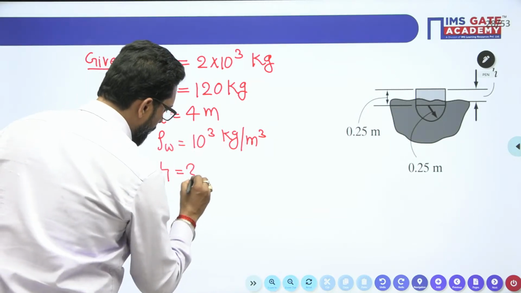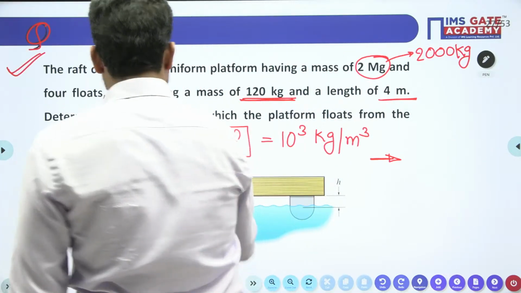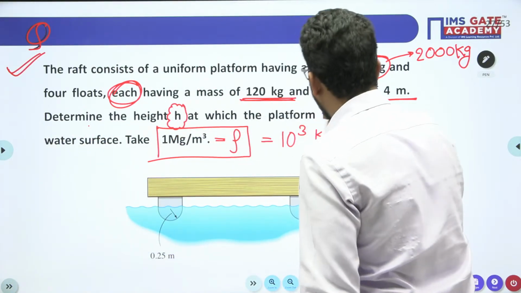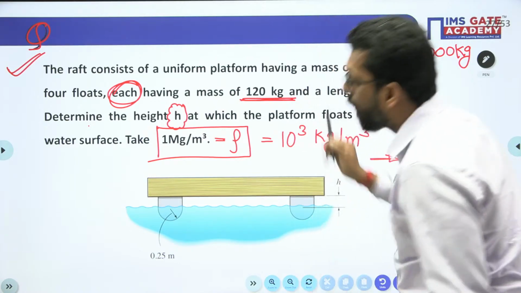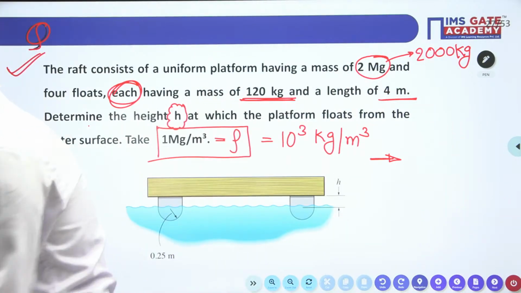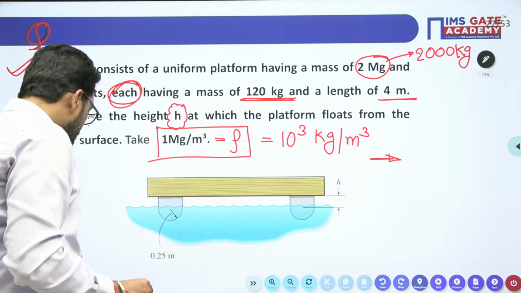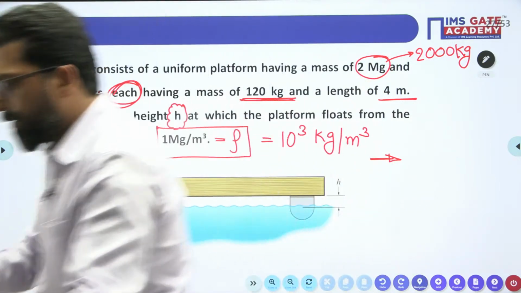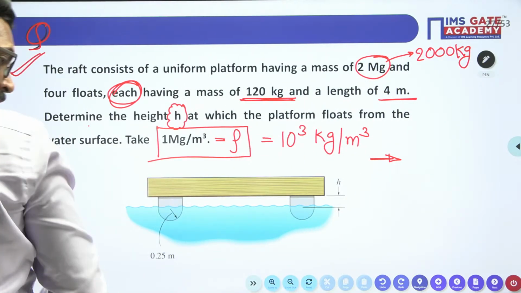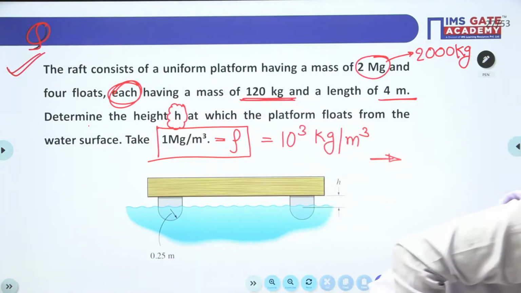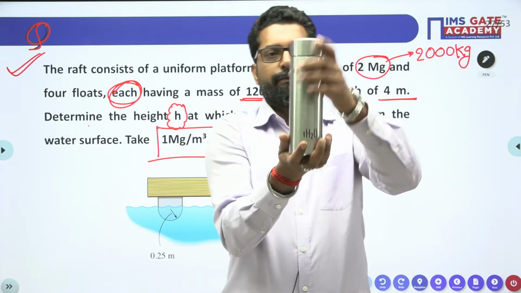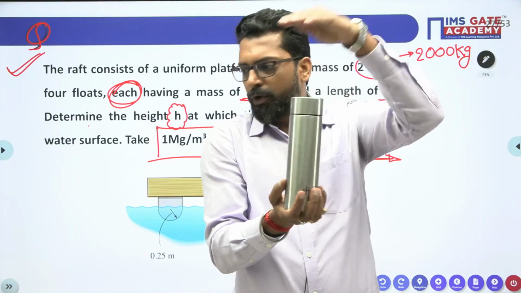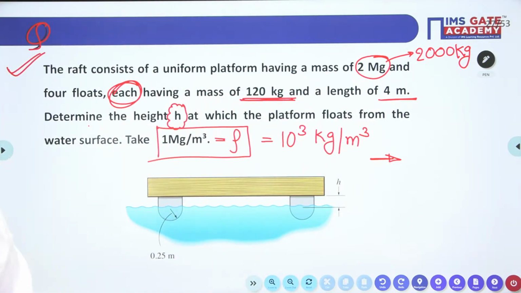What is the value of H? See very carefully. Determine the height H at which the platform floats from the water surface. That means, beta, think like that. If there is any platform, I will just show you. If there is any surface, if we put the things, there is a platform.